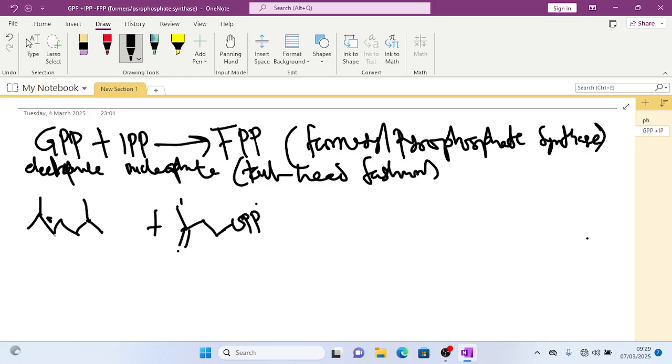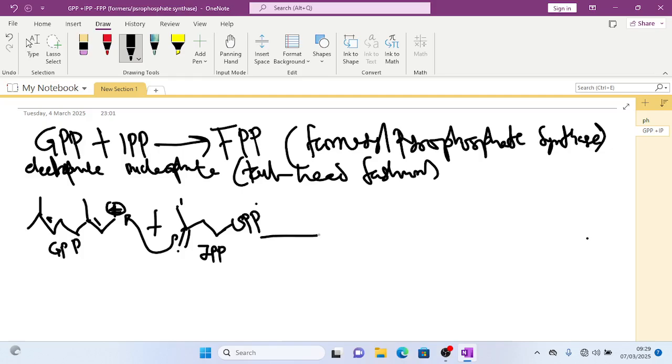One, two, three, 4, 5, 6, 7, 8, 9, 10. So the positive charge is going to be here. This dense pi bond is going to attack the geranyl pyrophosphate.